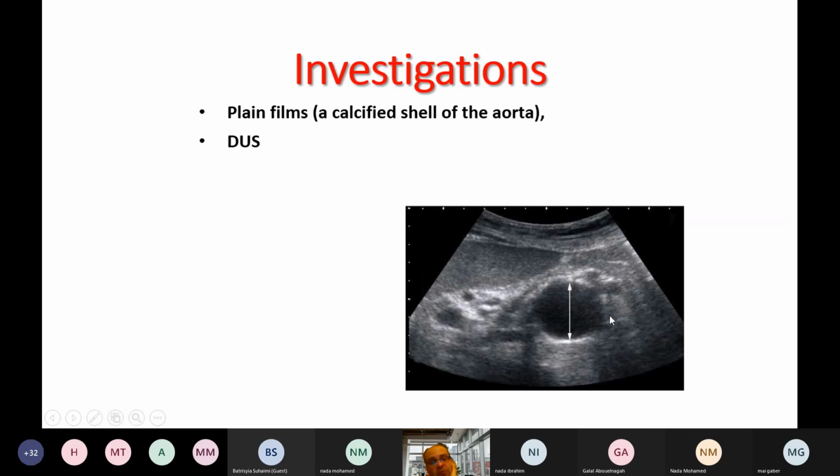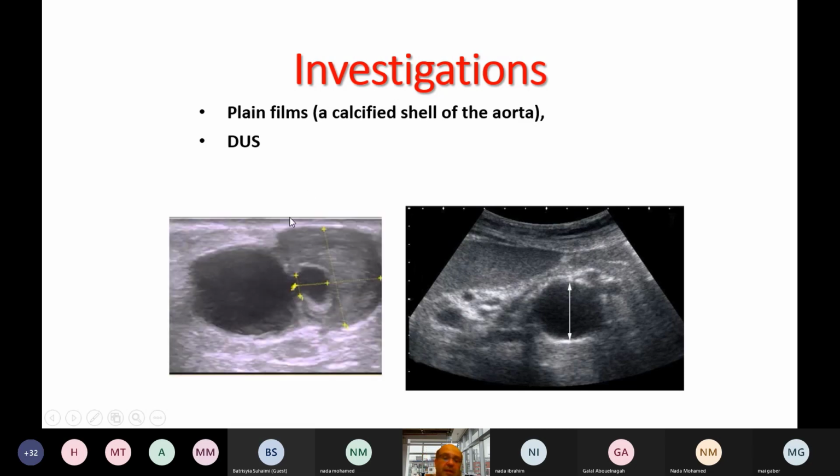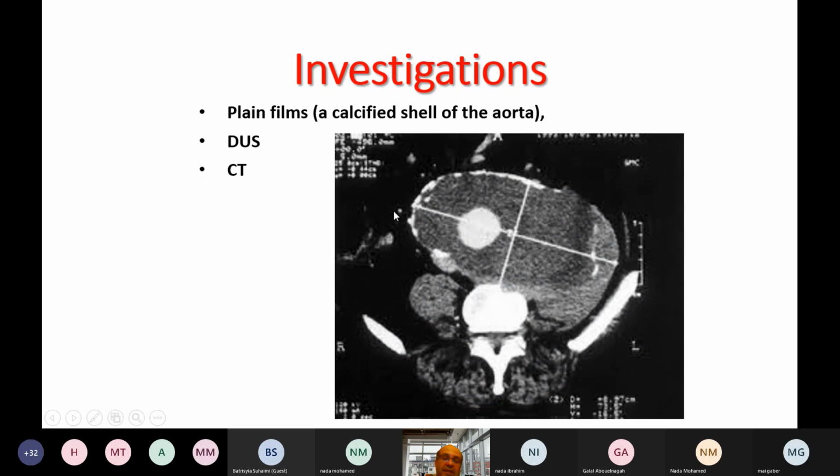I can use ultrasound, which shows an expansile mass in the abdomen, retroperitoneal, and we can measure the abdominal aneurysm by it. We can do CT, and this is a CT examination. This white part is the lumen of the aneurysm, and all this is the aneurysm.